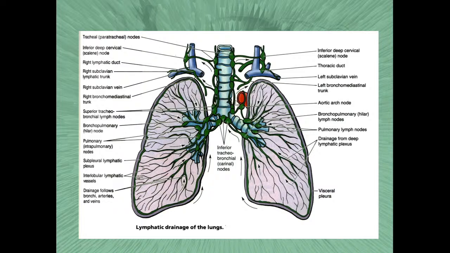Then the paratracheal lymph nodes, and finally the right bronchomediastinal trunk and left bronchomediastinal trunk. As we all remember, the right bronchomediastinal trunk empties into the right lymphatic duct, then to the right venous angle, and the left bronchomediastinal trunk drains into the thoracic duct and then to the left venous angle.